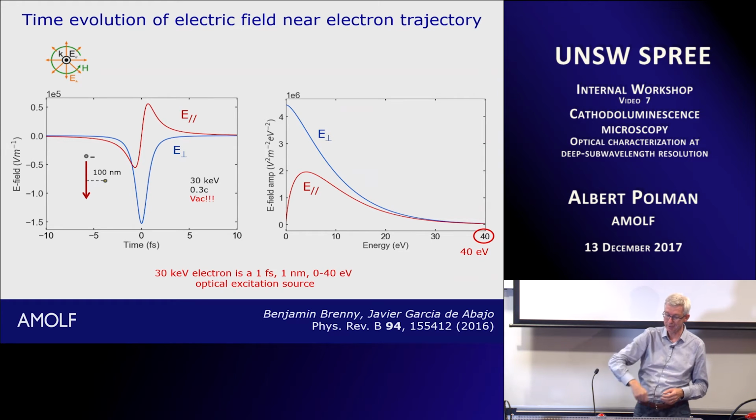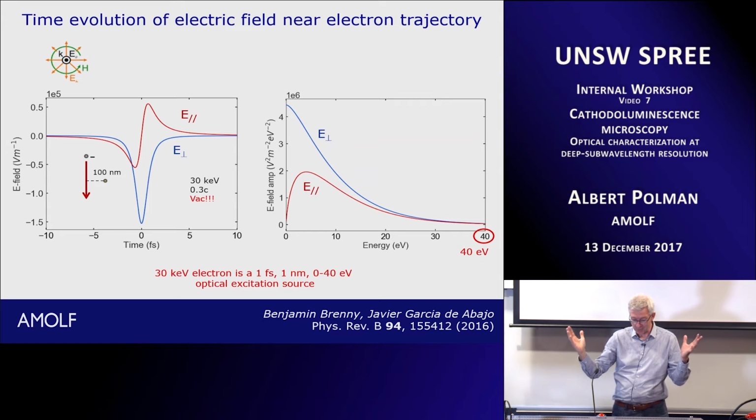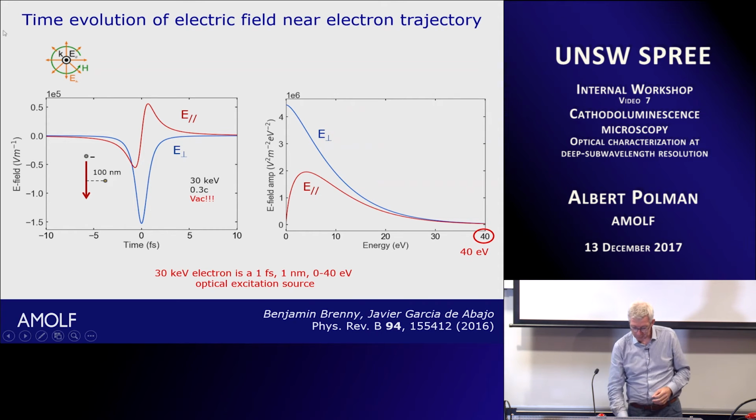It's an oscillating electric field, except it's only one oscillation. So what is a 30 keV electron? It's a 1 femtosecond or 5 femtosecond light source, and it's only 1 nanometer in diameter. And if I take the Fourier transform, converting this from the time domain to the frequency or energy domain, the effective bandwidth, the energy spectrum of this oscillation, goes up to 40 electron volt.